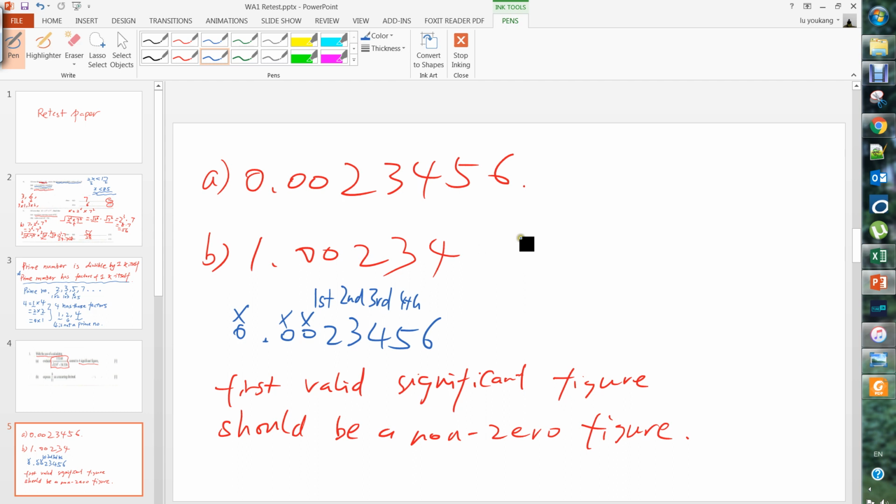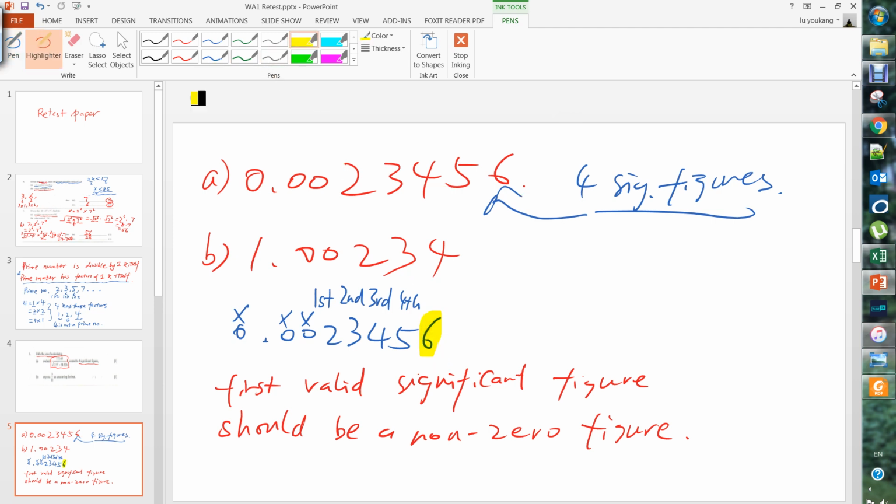Let's say I want to find the 4 significant figures. So basically I want to express this into 4 significant figures. I should look at the 5th one. The rule is always, because I want to express this into 4 significant figures, I need to look at the 5th figure.